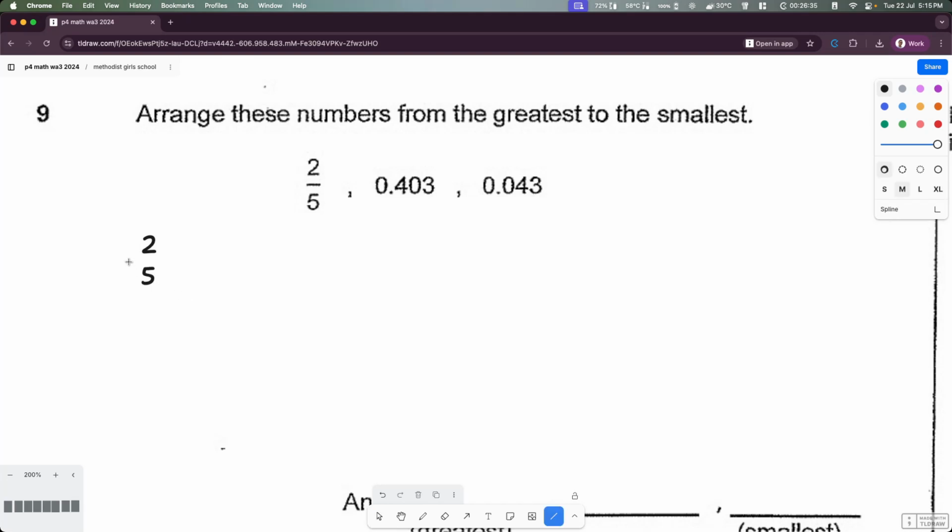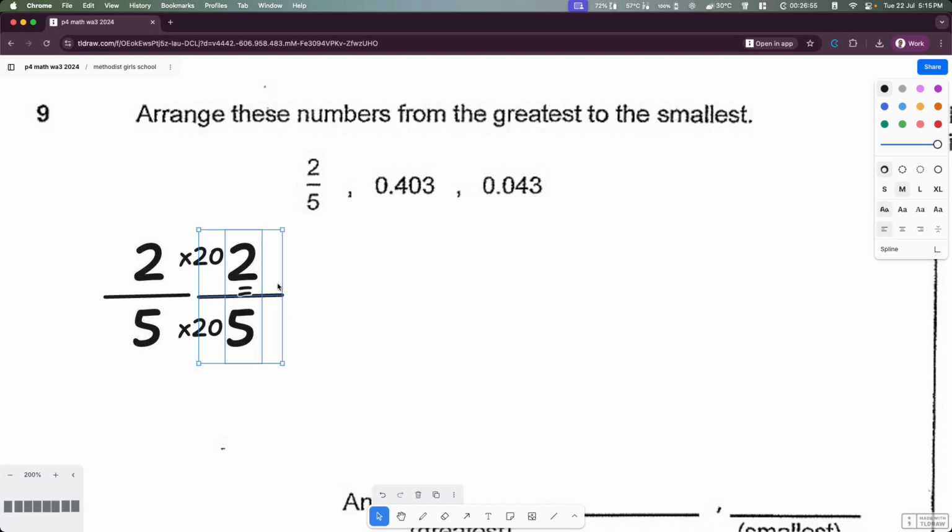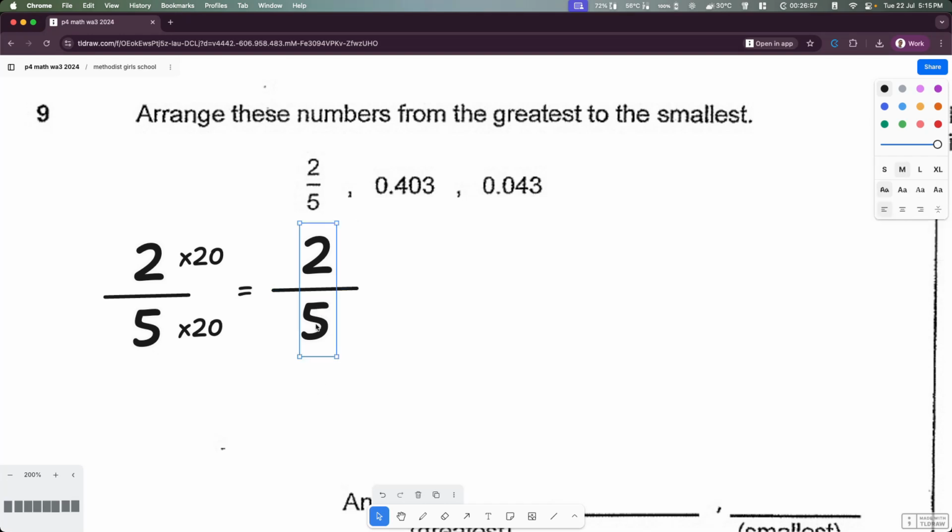So what we're going to do is we have 2 out of 5. What do we need to multiply the denominator by to make it 100? We say times 20, you're right. So we times 20 and times 20 in the numerator as well. This is equal to, the denominator is 100, and the numerator will become 40.